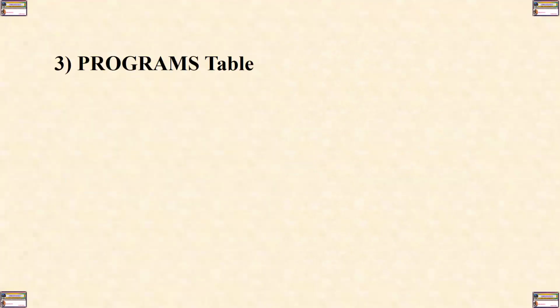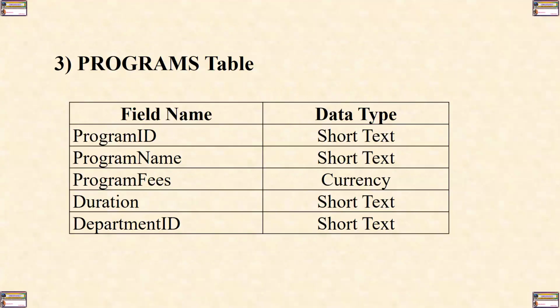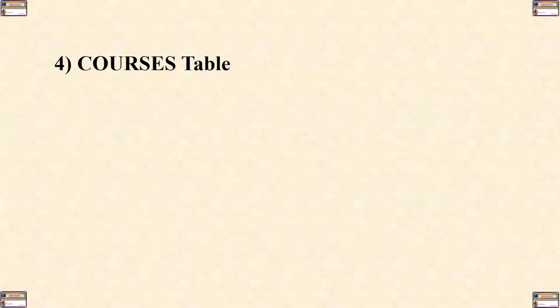The third table that we're going to create is programs table. The programs table will be composed of the following fields and the data types. We shall have the program ID of type short text, program name, short text, program fees, currency, duration will be short text, department ID will be short text.